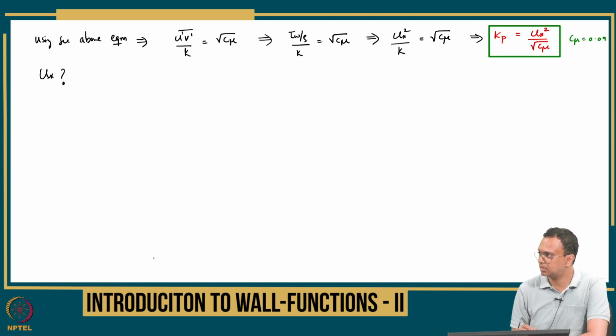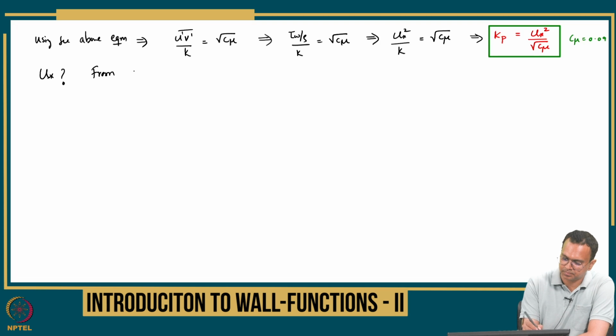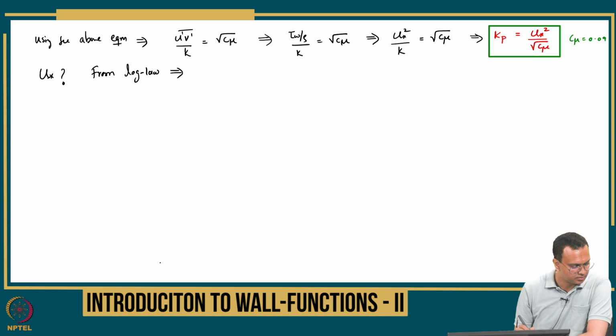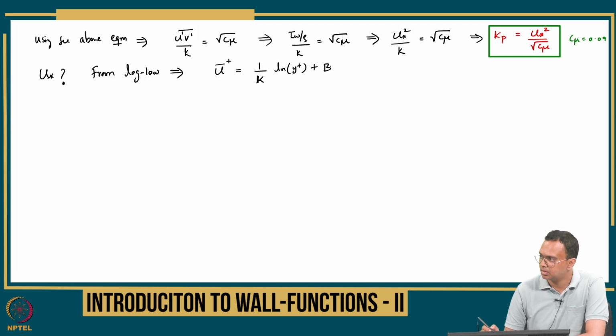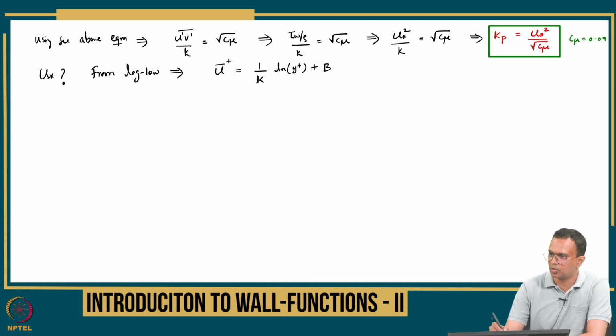As I said, from your logarithmic law region, right? So from log law, we have u plus is equal to 1 by kappa logarithmic of y plus b. Now b is some constant, 5.2 or 5.5 and so on.